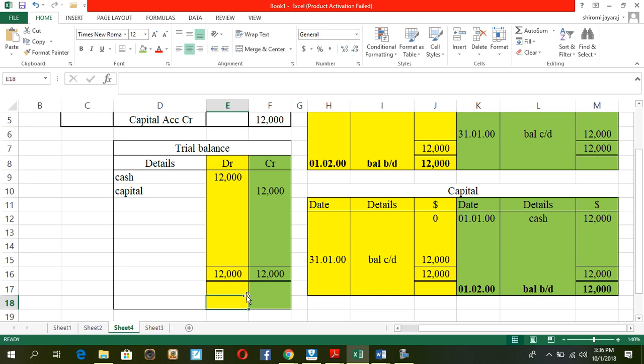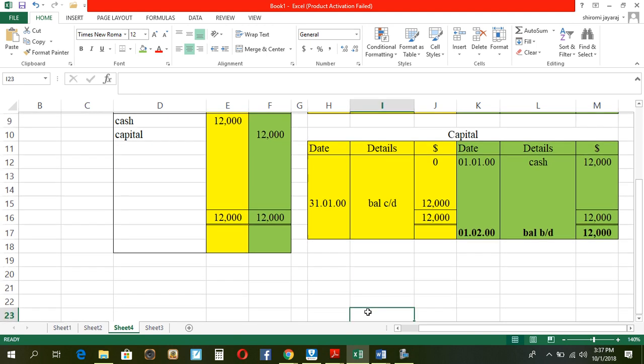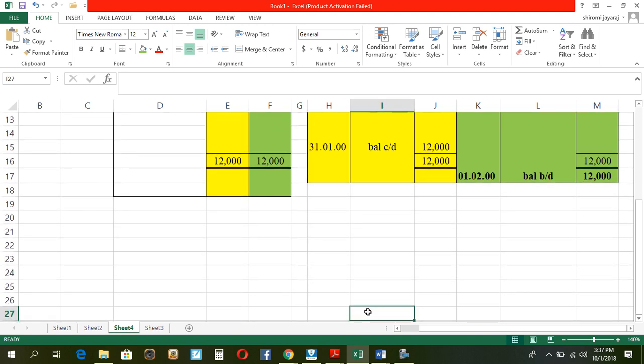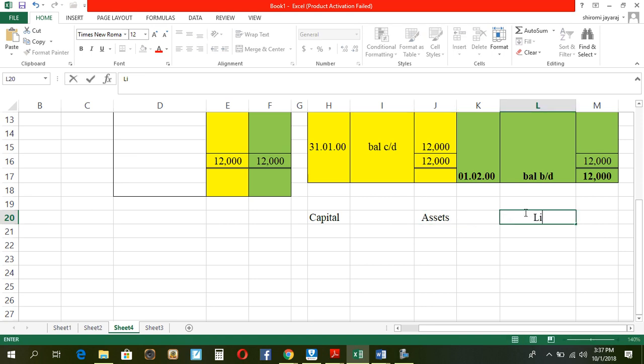Still it's not over. One more to go. Right? We have to apply this to the accounting equation. What do we have to do? Apply to the accounting equation. Can someone tell me the accounting equation? Capital, okay, equals assets minus liabilities.